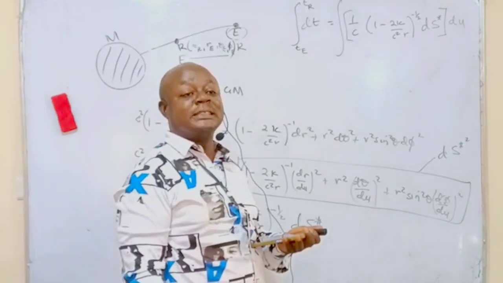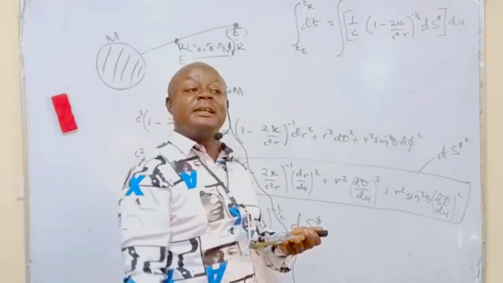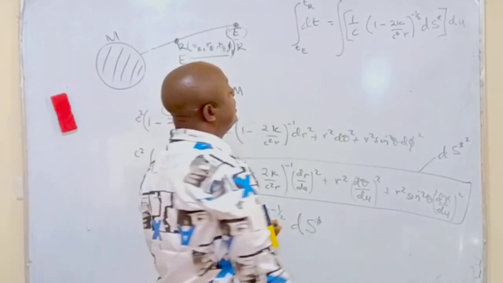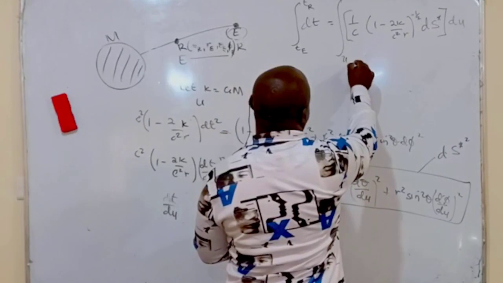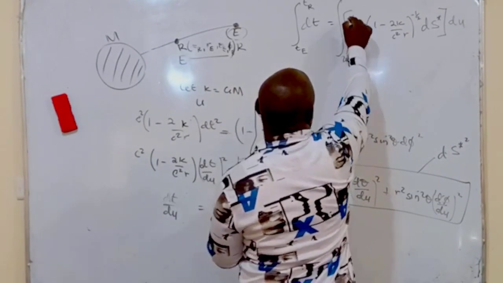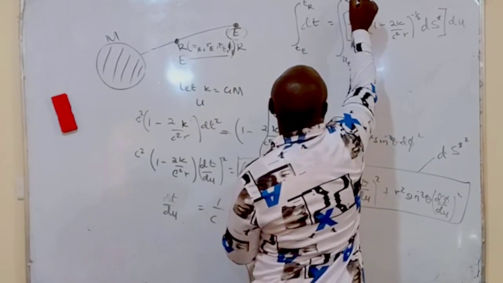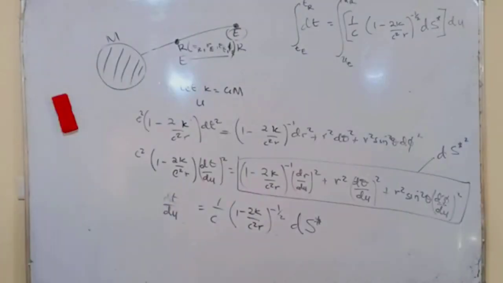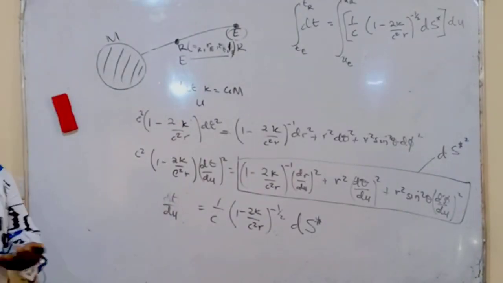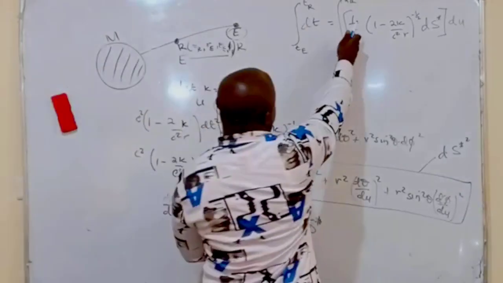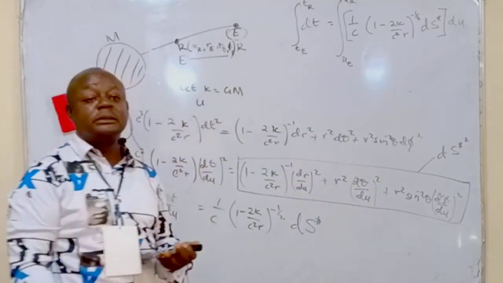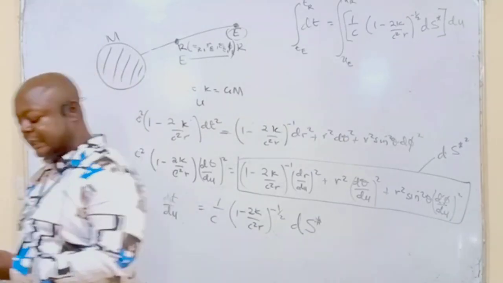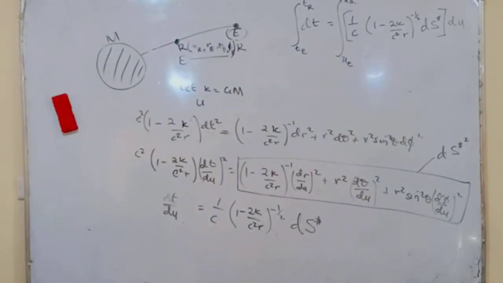So the emitter is the initial point and the receiver is the final point. I can also introduce a u emitter and a u receiver. Remember c is a constant, so it can come out of the integral sign.